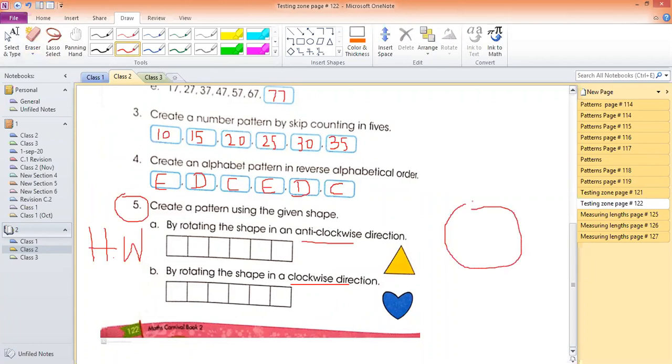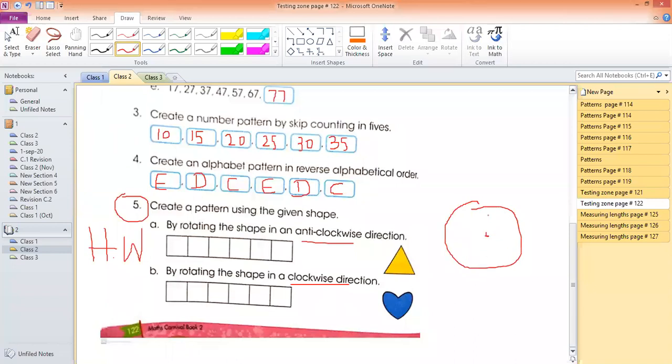This is a clock, okay? If you see the second hand in the clock, it will move like this. First it will be here, then there, then there. It will not move like this.